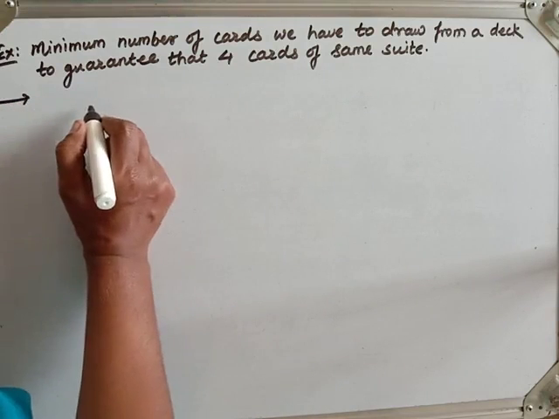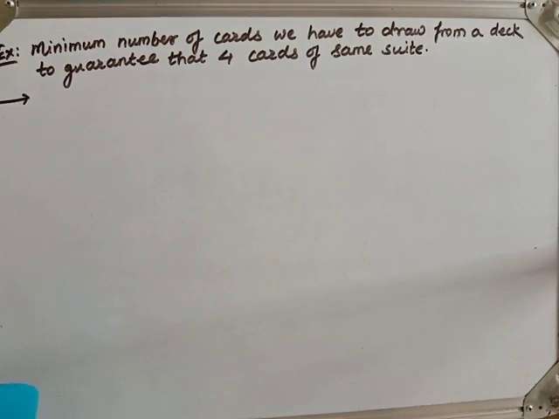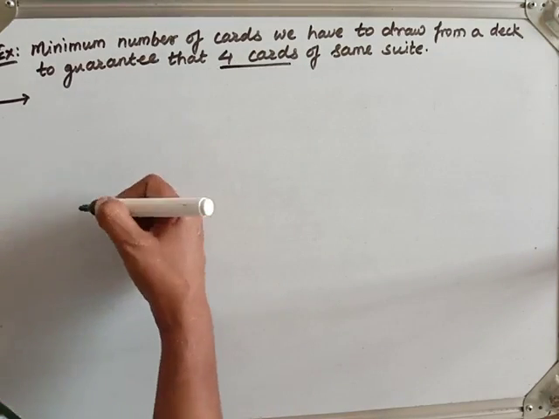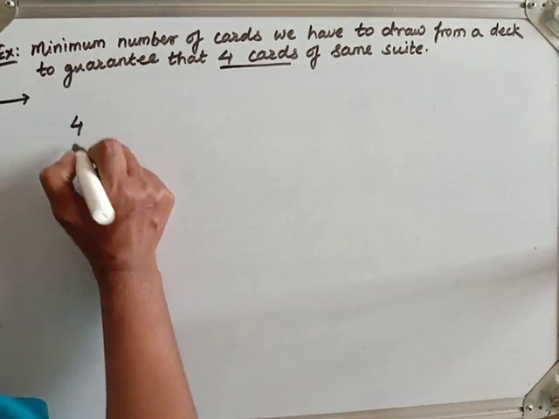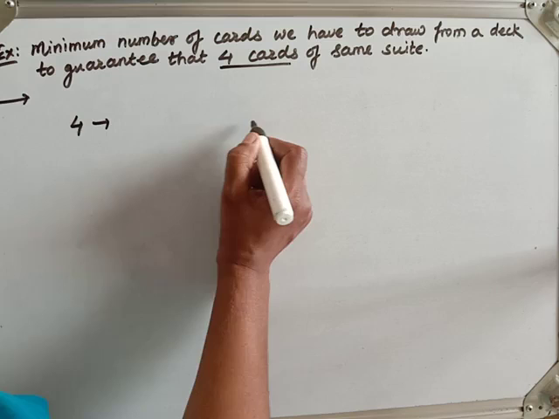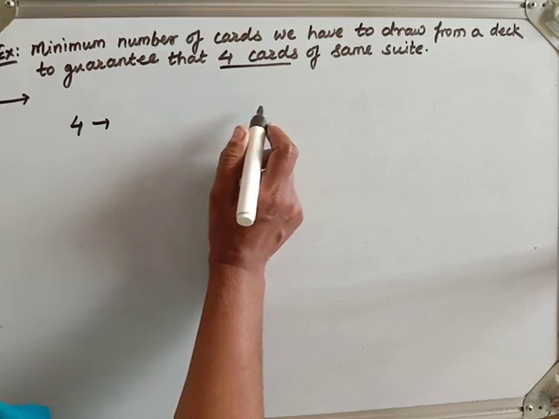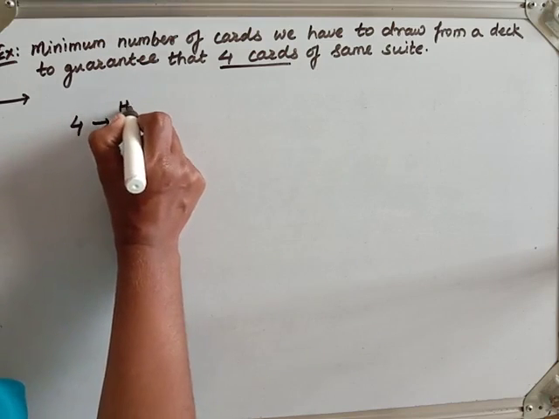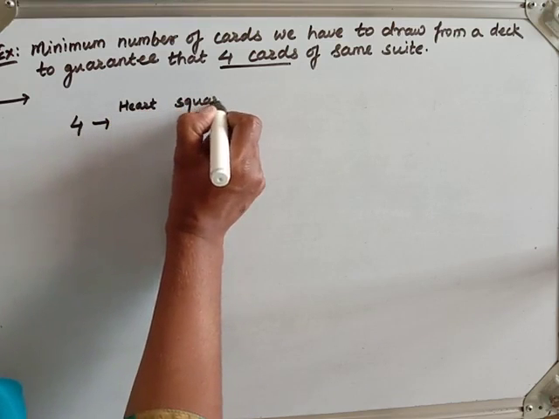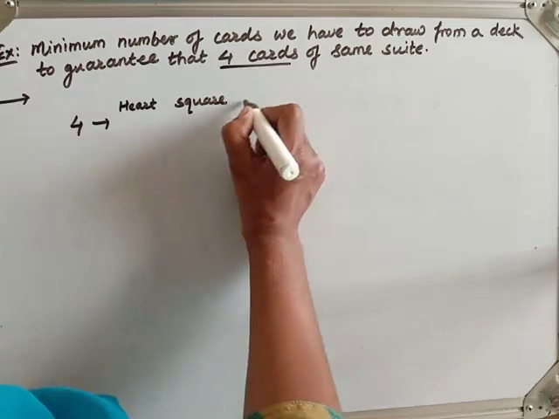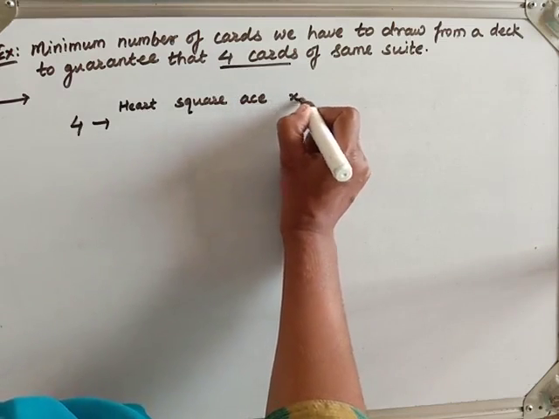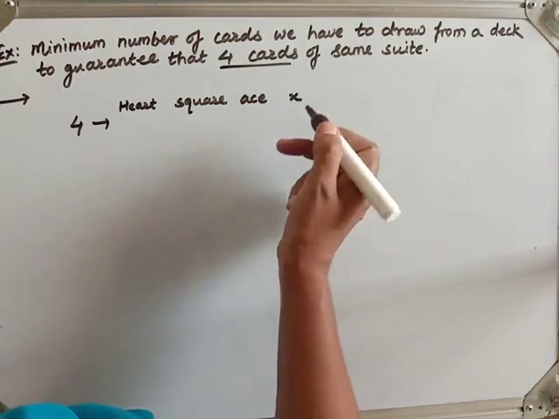We can solve this one by arbitrary choices. Now 4 cards we have to select. There are 4 different types of suits: heart, square, S, and one more, let me take it as X, I don't remember the name of that one.